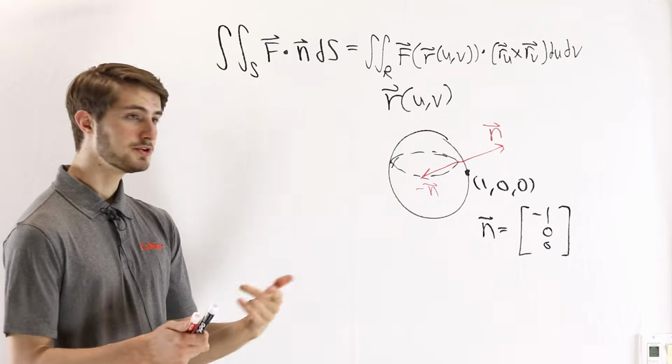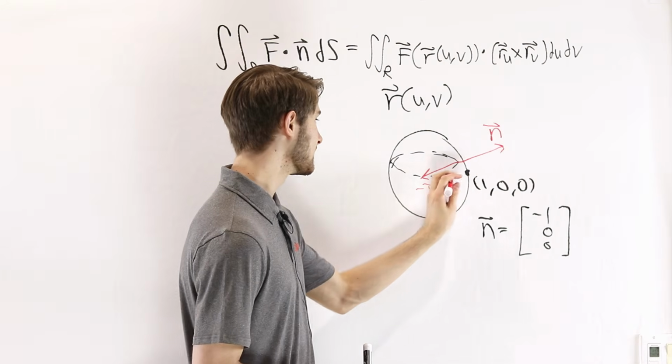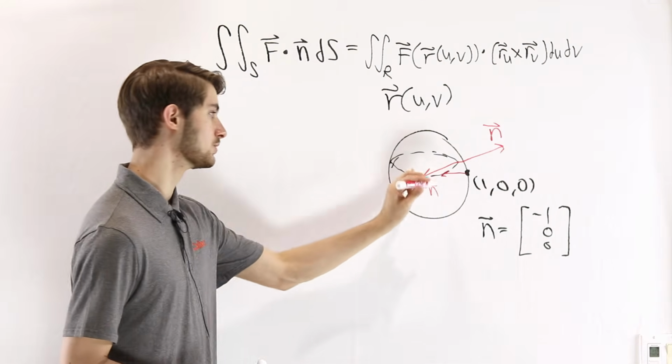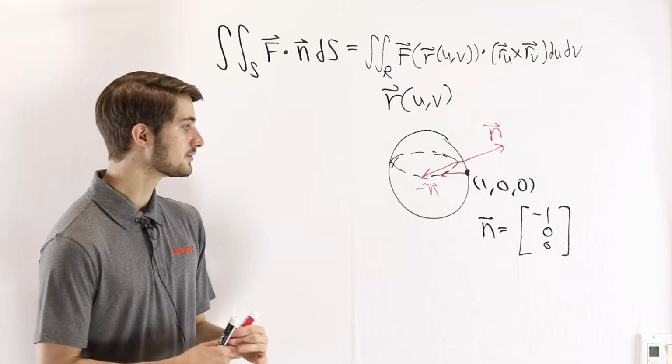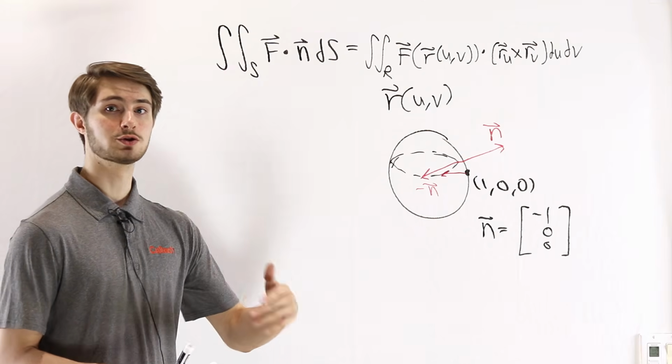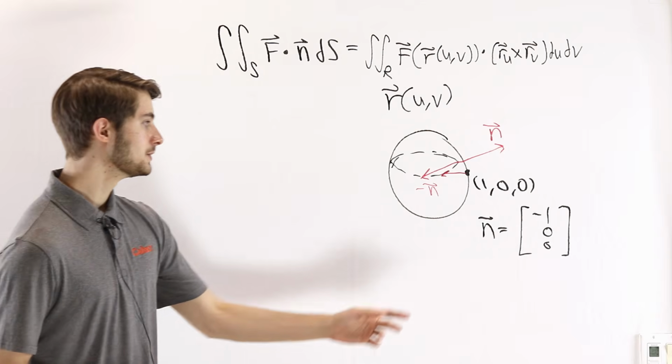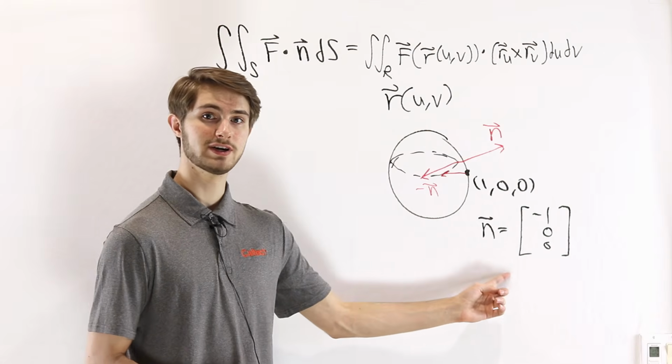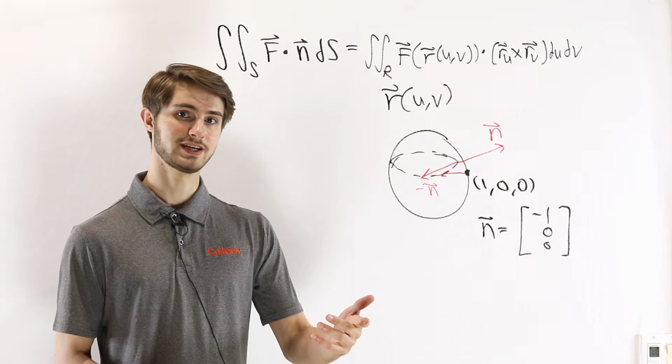From there, it's pretty easy to see that our normal vector is going to point back towards the center of the sphere, and therefore it is oriented inward. From there, if the problem said the normal vector is oriented outward, we would need to take the negative of our normal vector so that we got the proper orientation.